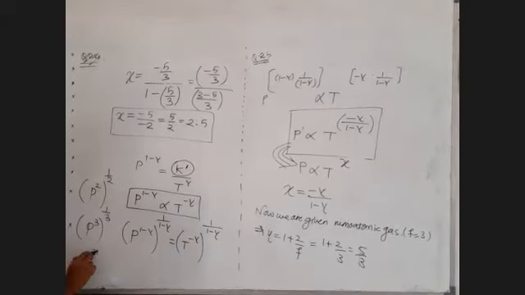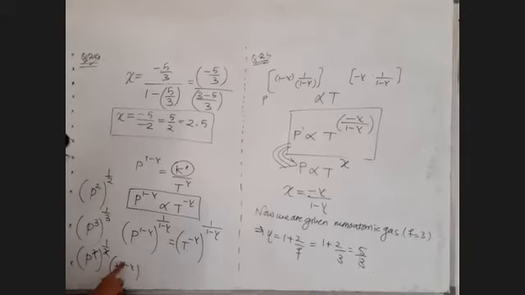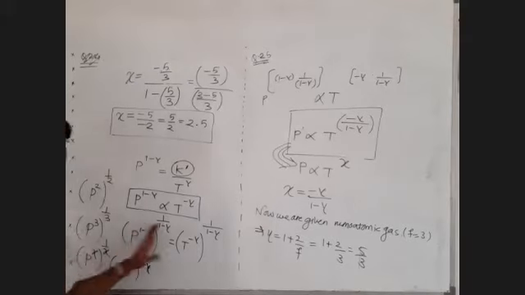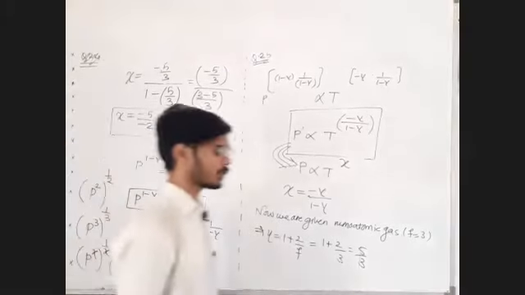Similarly, if there is P raised to x, you will take the power 1 upon x, meaning you will take the x-th root. Here you have taken the third root, here the second root. So if they have written P raised to 1 minus gamma and you want P raised to 1, then you will take the 1 minus gammath root on both the sides, just like taking the square root or cube root on both the sides.